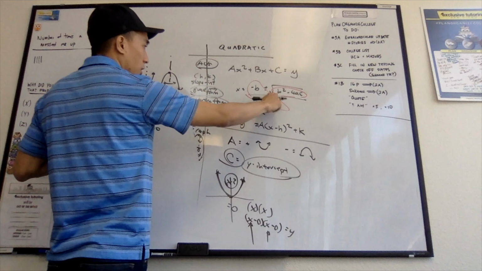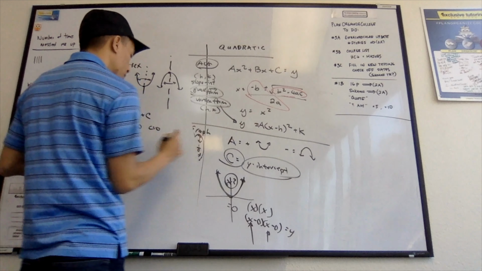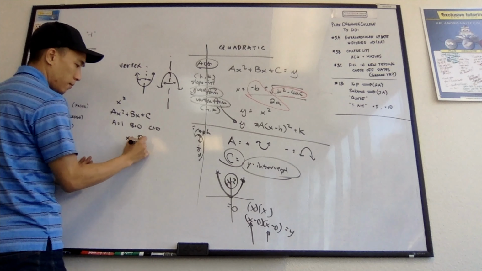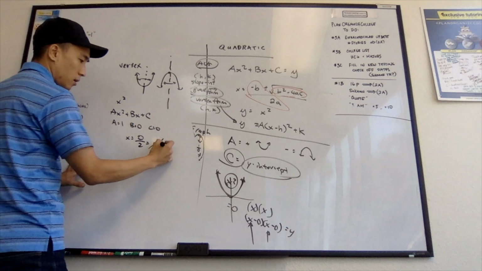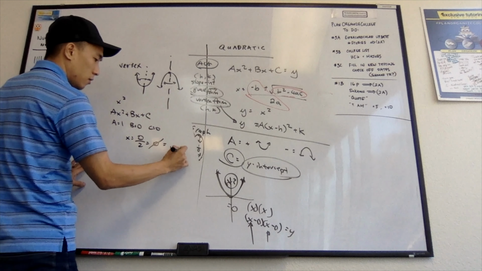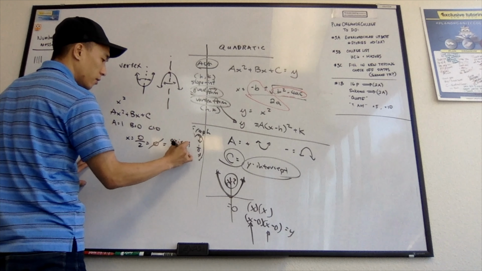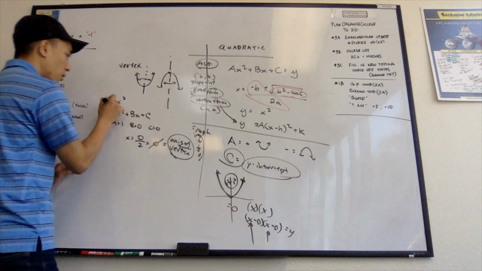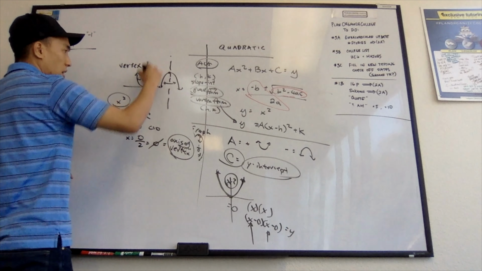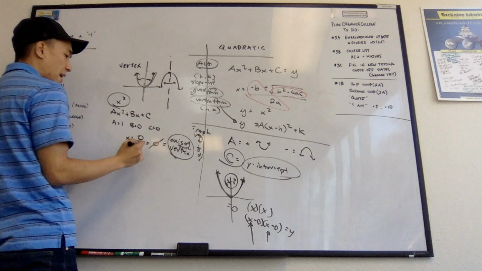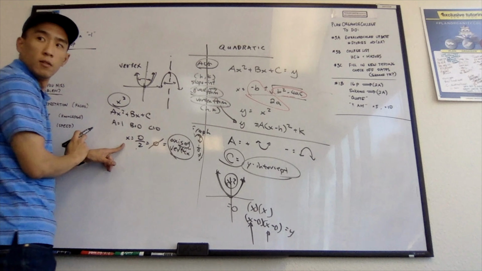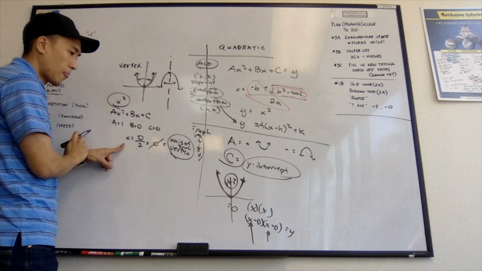So that becomes a 0. 0 plus 0 over 2, okay? That's your vertex and your axis of symmetry. So this starts at 0, 0 and has a vertex at 0 because of that. Does that make sense?